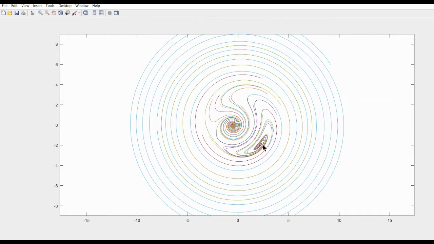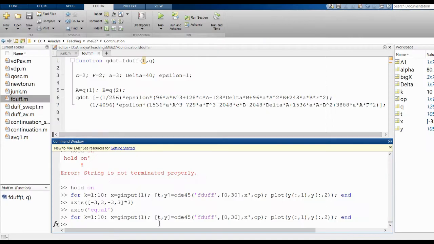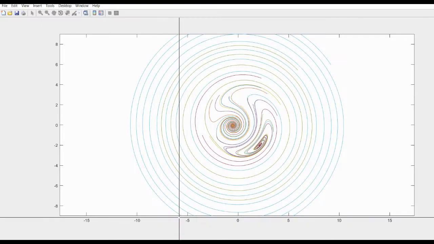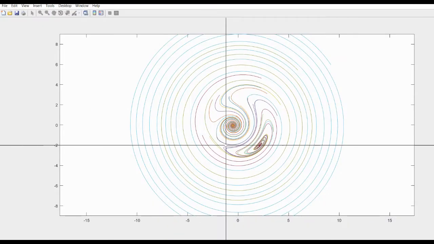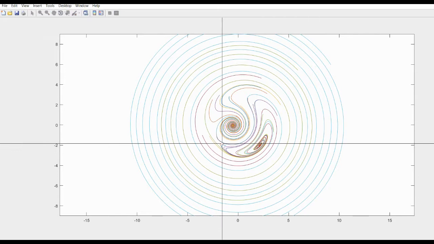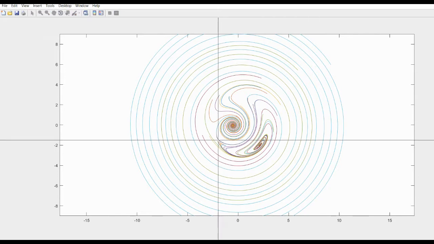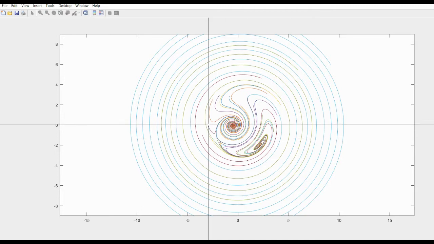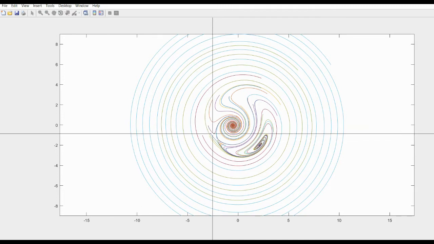You see, so once again there is going to be an unstable solution here somewhere, and let's try and get a clearer view on it. Okay, what about here?